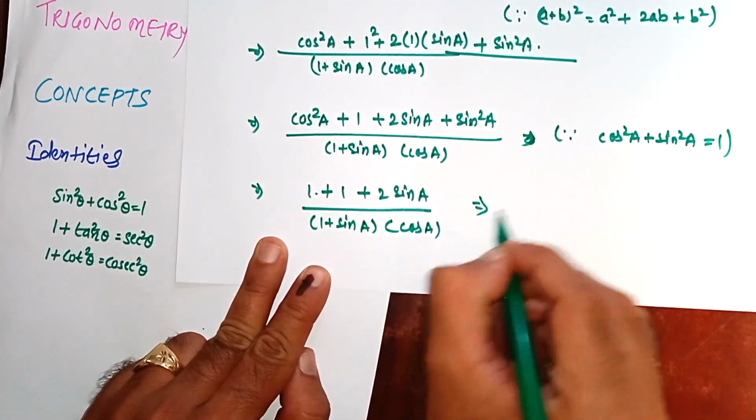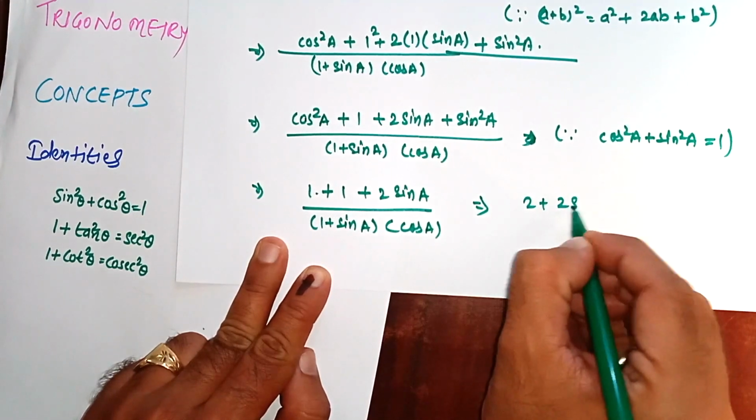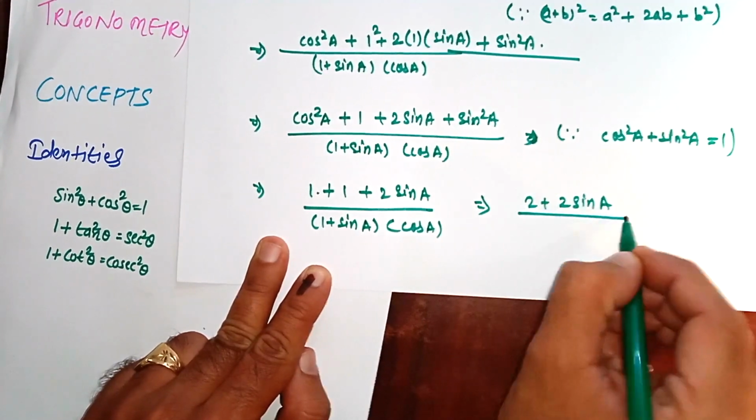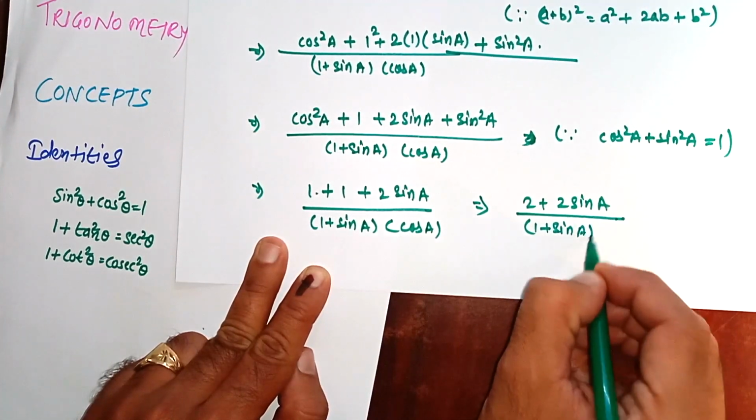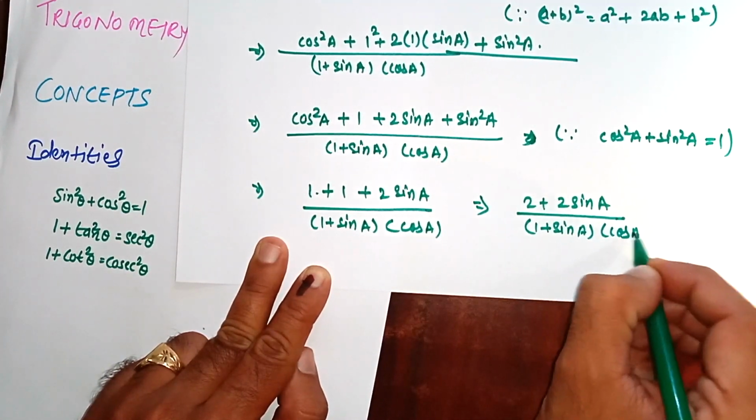So 2 plus 2 sine A, and we have the same thing, 1 plus sine A cos A.